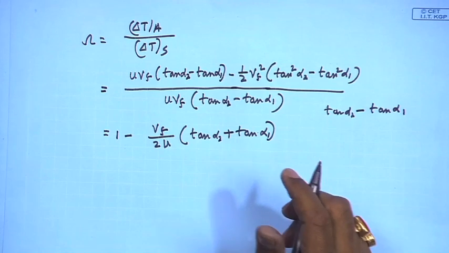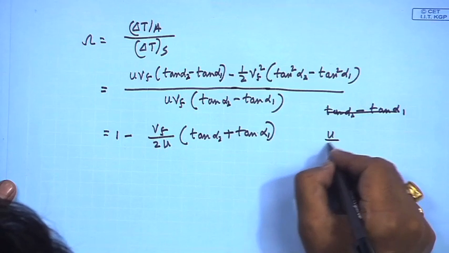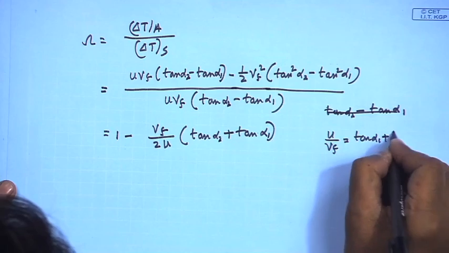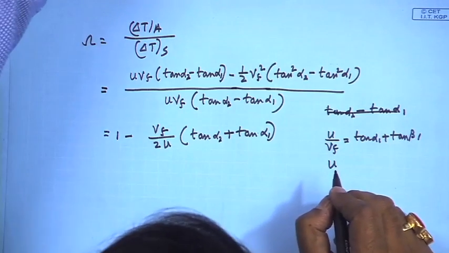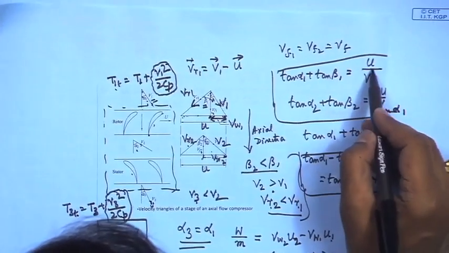So, if tan alpha 2 plus tan alpha 1, if you remember, u by Vf, again I am writing tan alpha 1 plus tan beta 1 from the geometry, that is from this one we initially wrote.